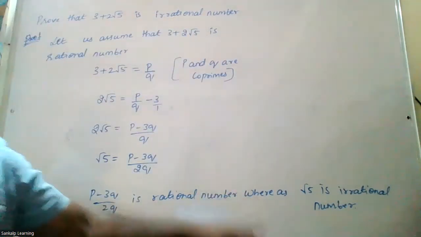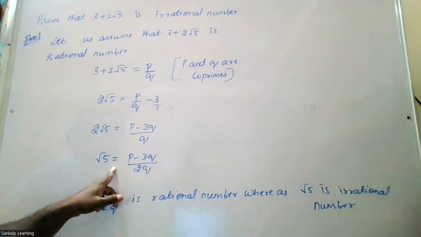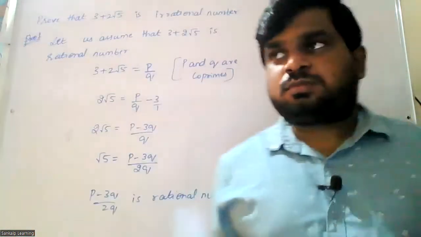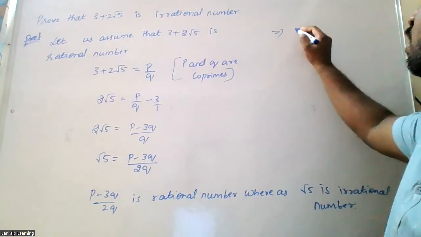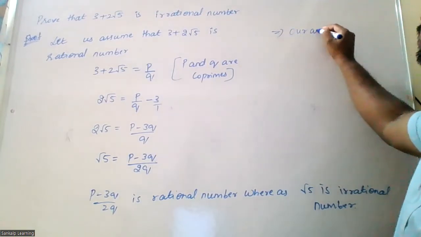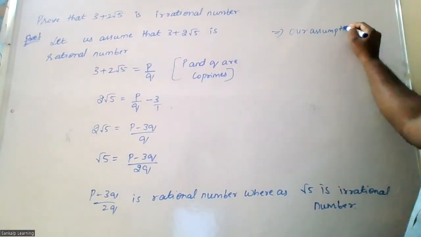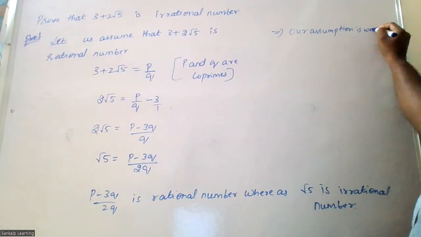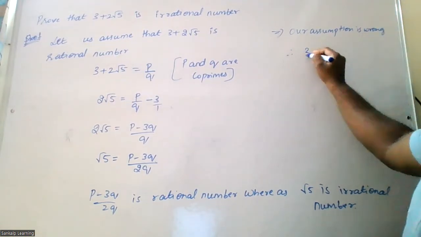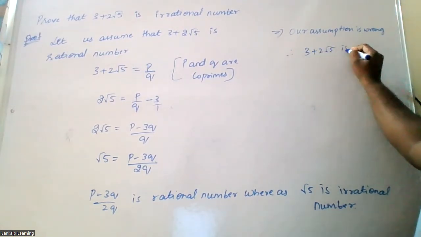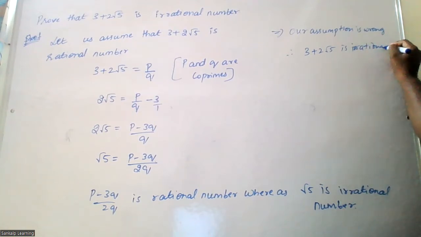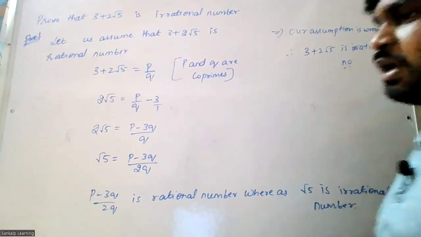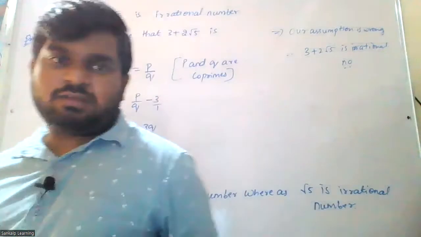This is rational, but root 5 is irrational. Therefore, this is not possible, which implies our assumption is wrong. Our assumption is wrong. Therefore, 3 plus 2 root 5 is an irrational number. Our assumption was rational. If it is wrong, the correct thing is irrational number.